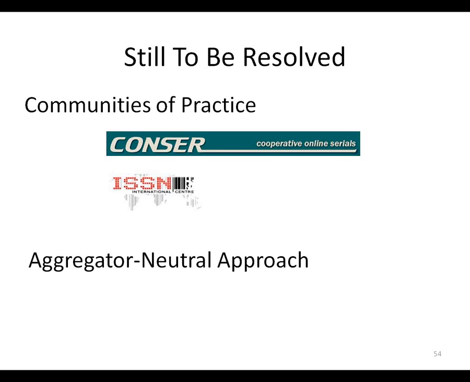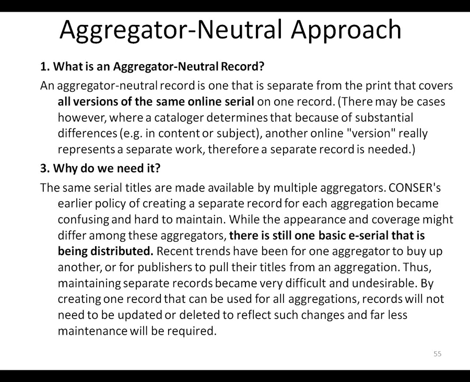I want to focus on one specific thing, which is the aggregator neutral record, because it is a specific practice that the cataloging community has in general found very useful, and which to a large degree violates some of the basic tenets of RDA and FRBR. All this information is taken from the frequently asked questions on the CONSER page for the aggregator neutral approach.